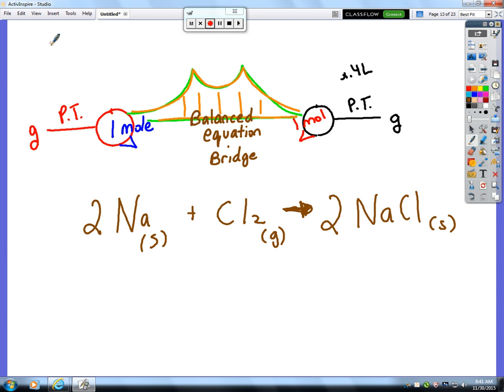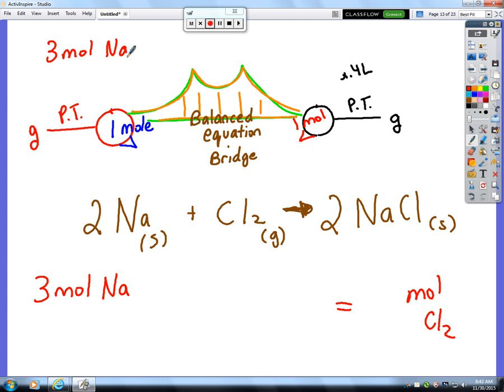Well, if my problem says I have 3 moles of sodium and I want to know how many moles of chlorine gas. So this is my problem. 3 moles of sodium equals how many moles of chlorine. We're going to call this a mole-mole relationship because it's a mole-mole problem because I'm going between moles and moles.